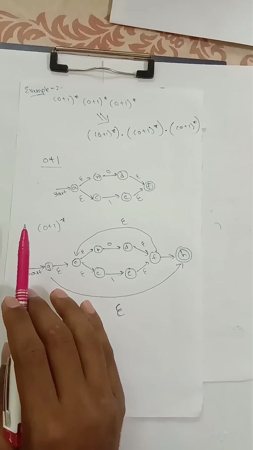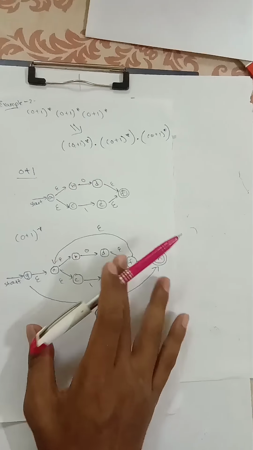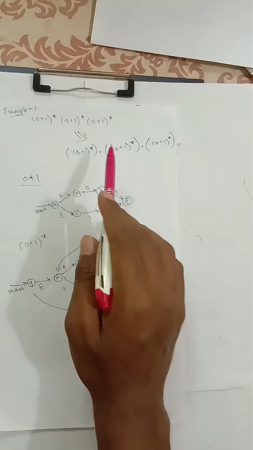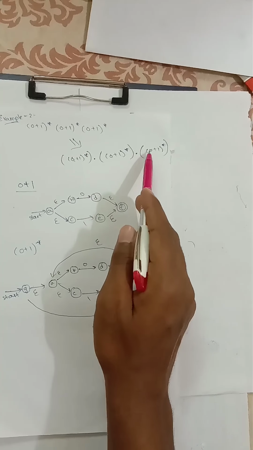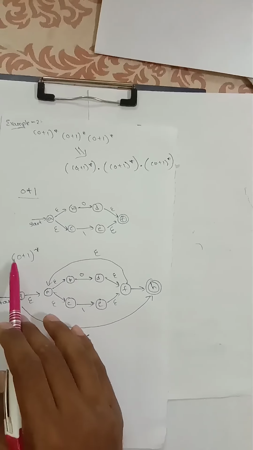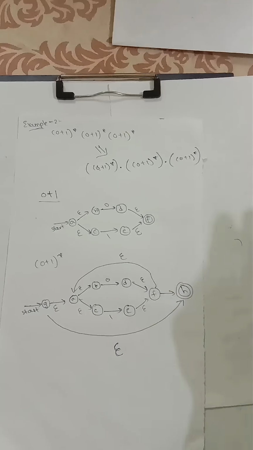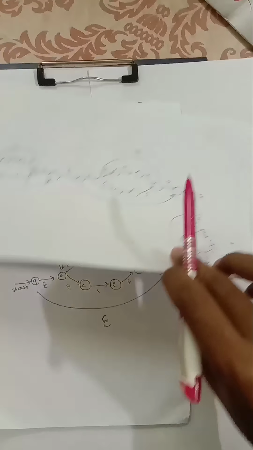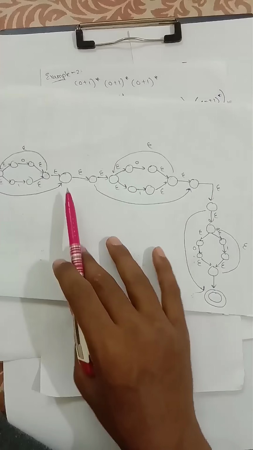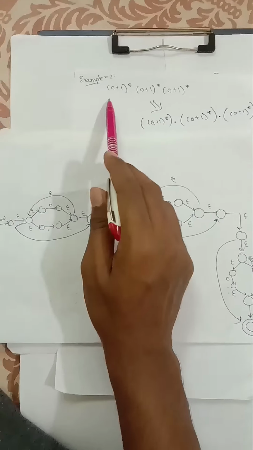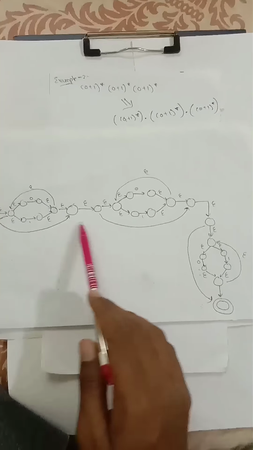Now we need to draw automata for 0 plus 1 whole star dot 0 plus 1 whole star dot 0 plus 1 whole star. We need to repeat this expression with concatenation. Then the automata will become like this. Finally, the automata for this expression will be seen like this.